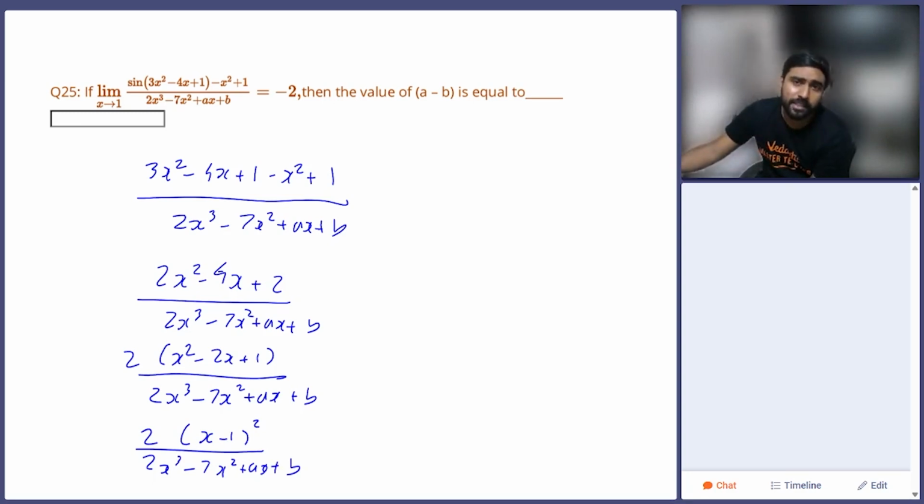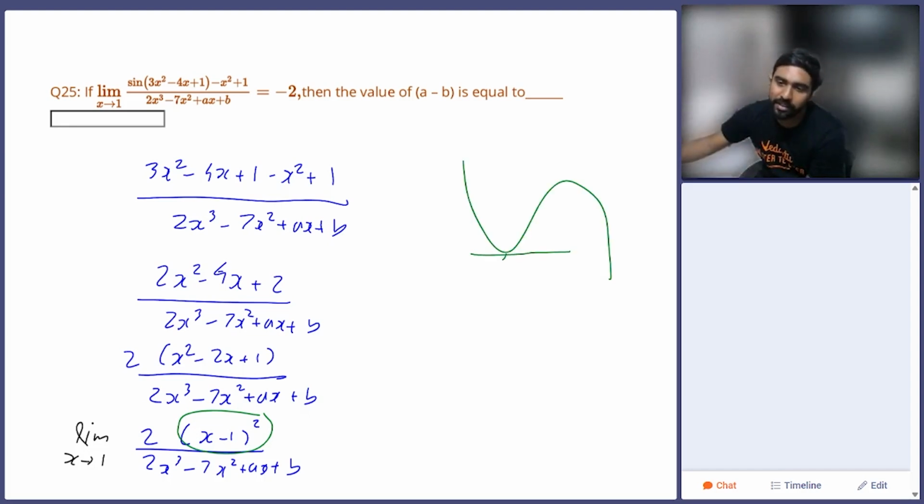So what this means is that the numerator function has a repeated zero at 1, and the denominator should also have a repeated zero at 1. That is only possible when 1 is a root of the cubic equation, and also f dash of 1 has to be equal to 0.